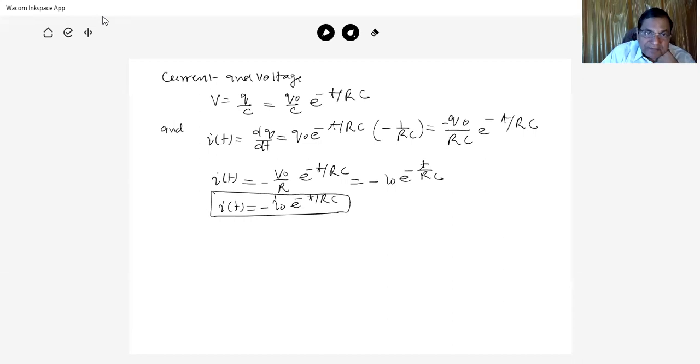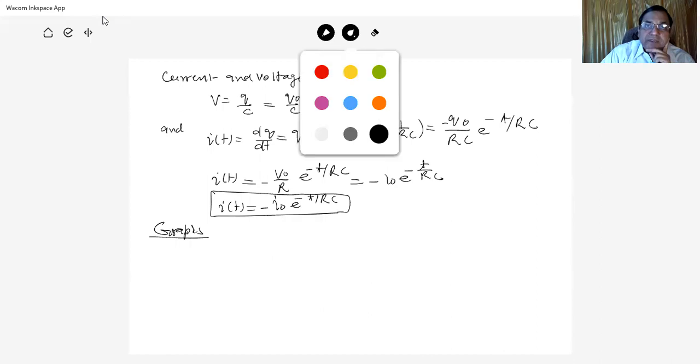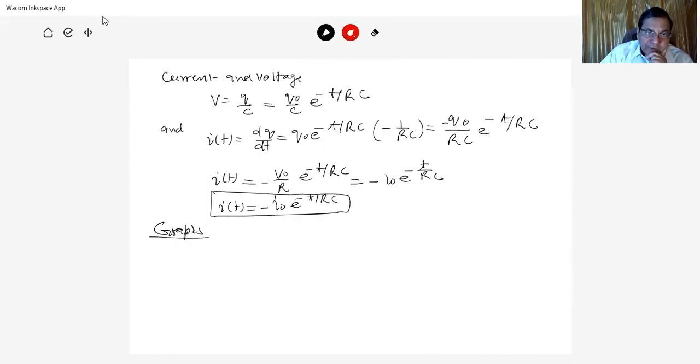So from graphs, if we try to have this graph, the first is charging, that is discharging. Discharging is something like this, this is your time. Here it is Q(t) and this value is Q0.